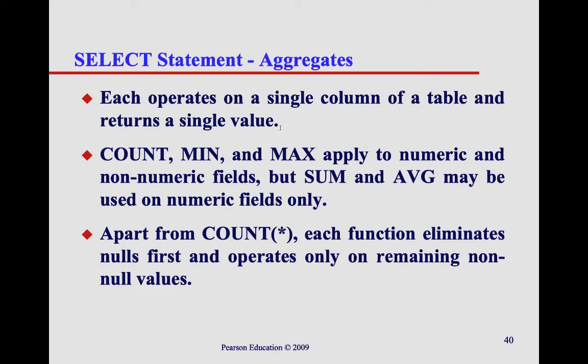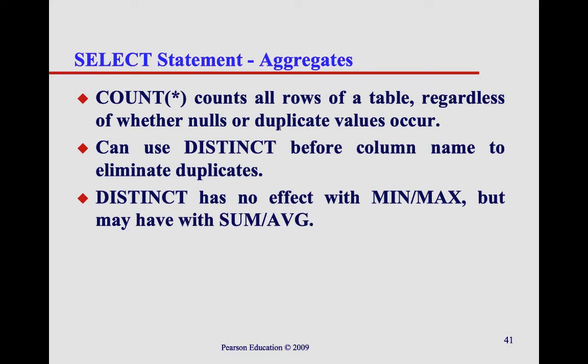Count, min, and max apply to both numeric and non-numeric fields, but obviously sum and average apply to numeric fields only. The functions do eliminate nulls and operate only on the non-null values. Sometimes when you don't want to deal with duplicated values, you can say select distinct.